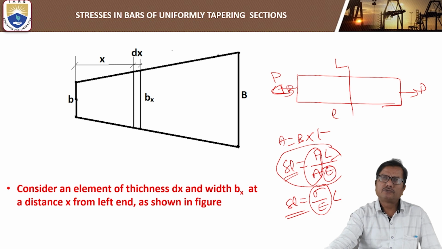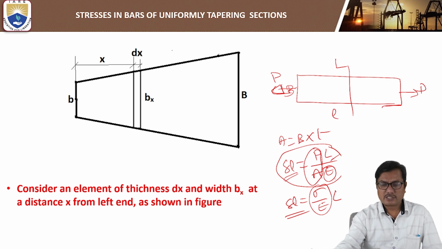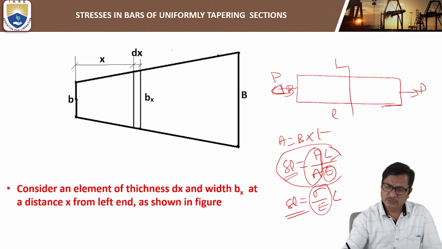But for tapering sections, one dimension here, the thickness, is constant, but the other dimension, breadth or width or depth, whatever you say, is changing uniformly from small b to capital B. So for this section, we cannot apply this formula.